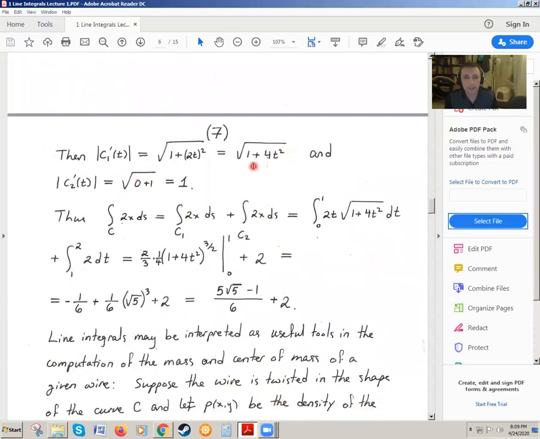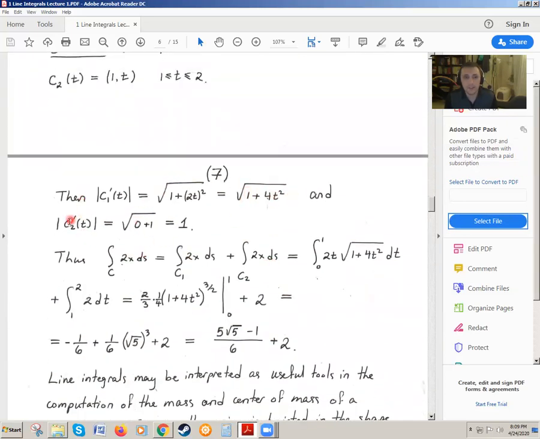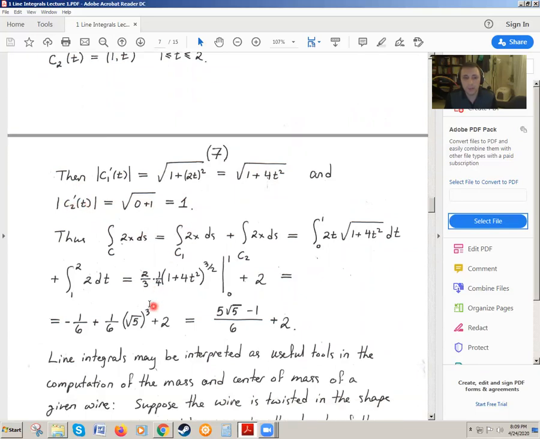So we get this length. Then similarly, if we take the derivative for C2 and calculate its magnitude, this is 0, this is 1. We square each derivative and take the square root, and we get that the magnitude of C2 prime of t is equal to 1.